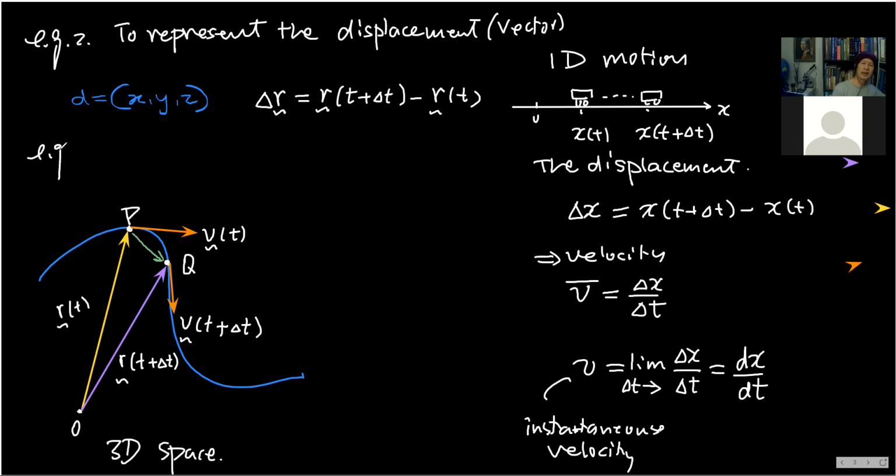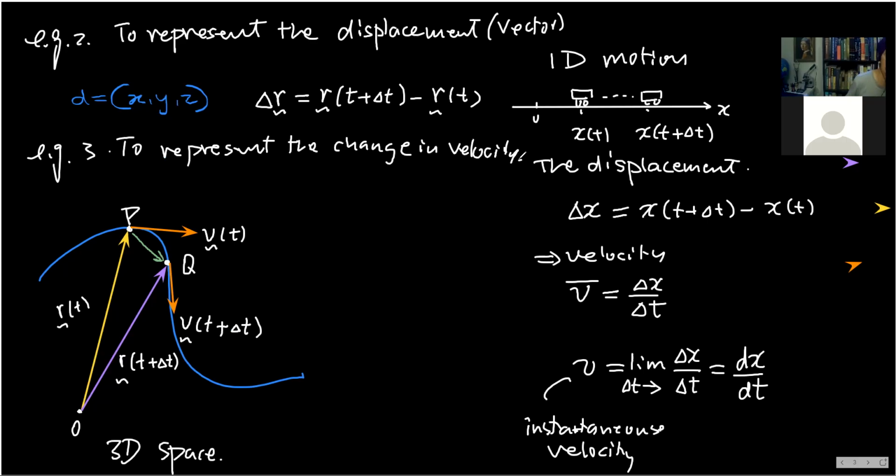So next, can you represent the change in velocity? Do you want to try? Velocity is a vector, and in this diagram, here I just give you a hint.